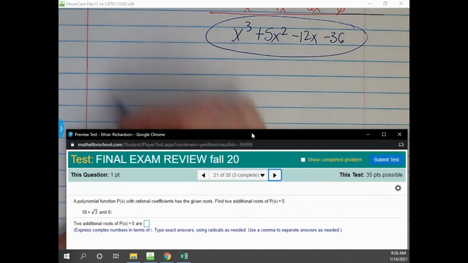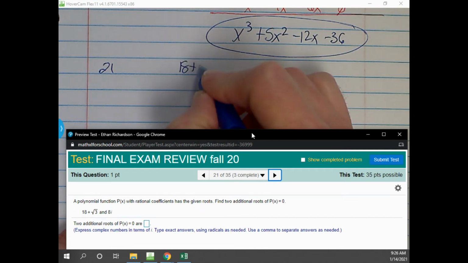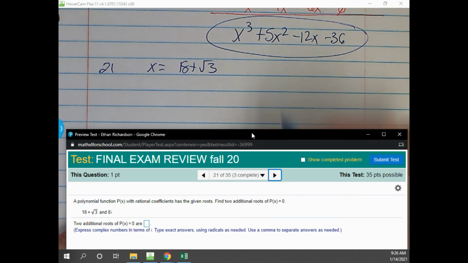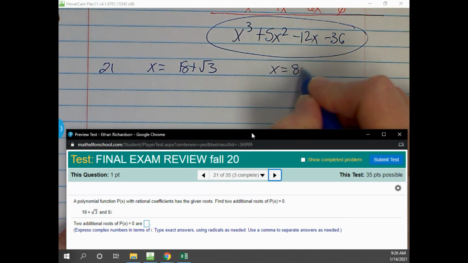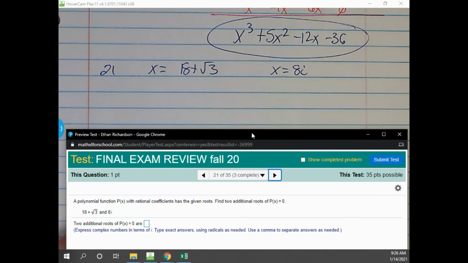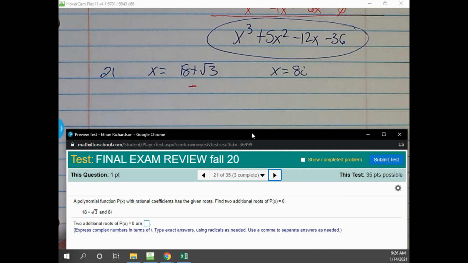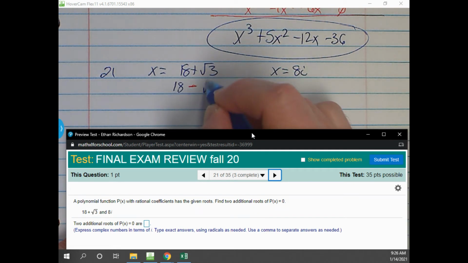With 21, if you're given 18 plus square root of 3 as one answer, and the other answer was 8i, basically you just got to change the signs. So if it's 18 plus the square root of 3, the second answer would be 18 minus the square root of 3.